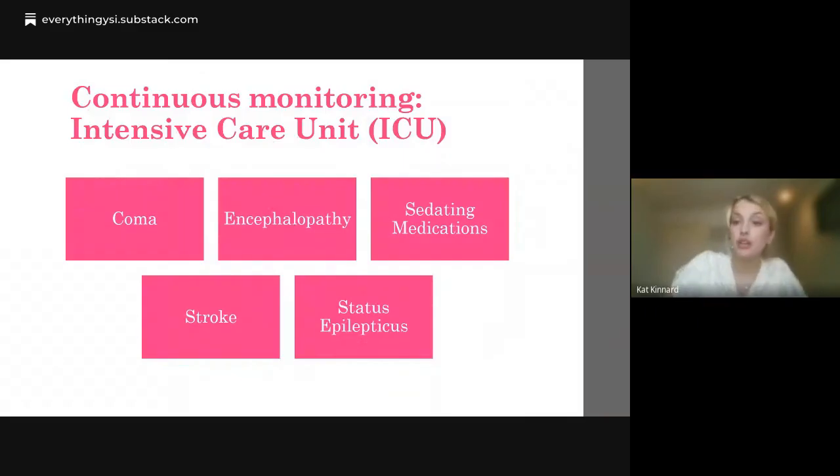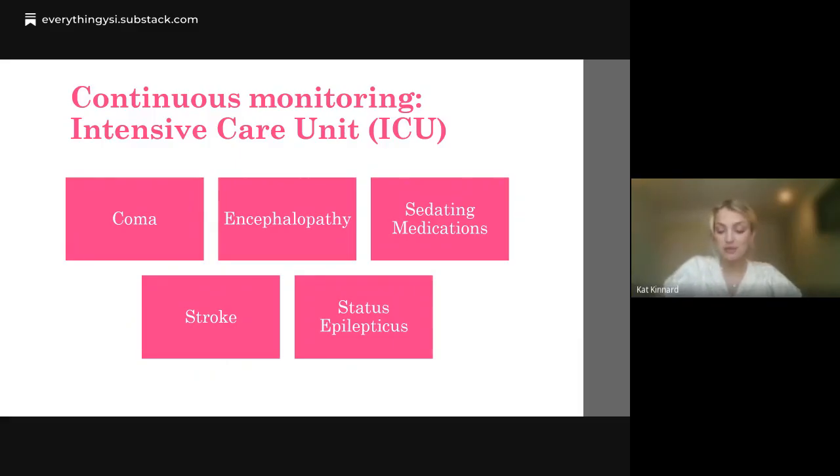EEG also plays a vital role in the intensive care unit. Many patients, especially those who are very ill in the ICU, can't communicate like you and I. Whether they be in a coma, encephalopathic, confused, sedated, having suffered a large stroke or a severe injury, they can't communicate.